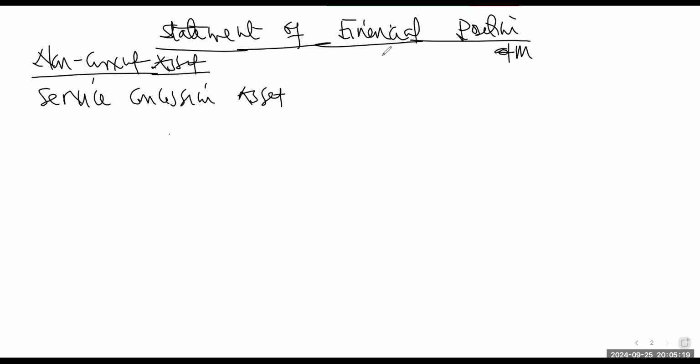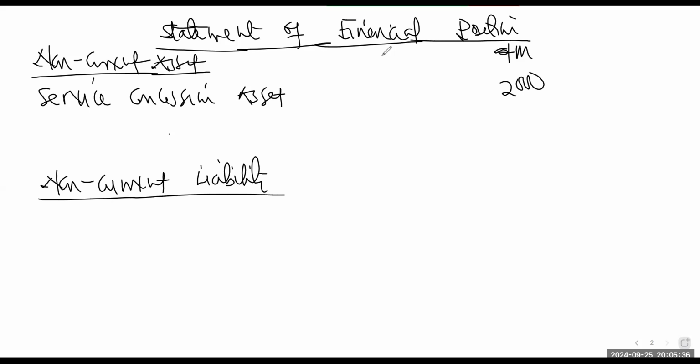Would that be 2,000? Yes, sir. Then we come to non-current liability, which will be down. So non-current liability, we have service concession. Then we amortize 250.